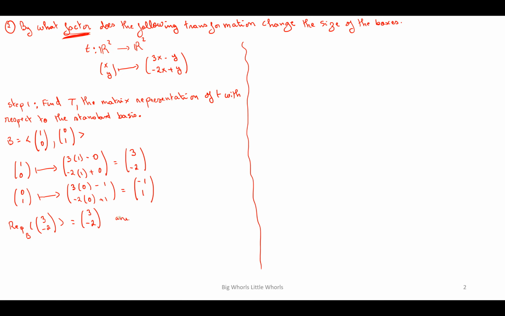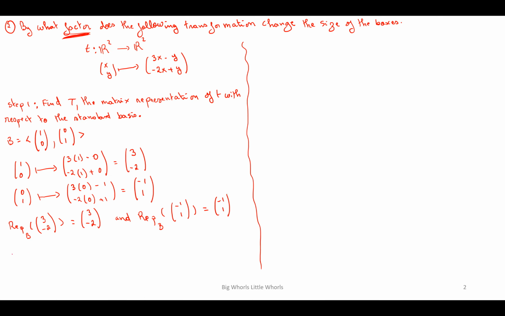the representation. I'm sure you know how to get the representation of a transformation. We have done plenty of these examples in the previous chapter, so if you don't recall how to find the representation of a transformation, just look back at our previous chapter. And the representation of (-1, 1) is equal to (-1, 1).